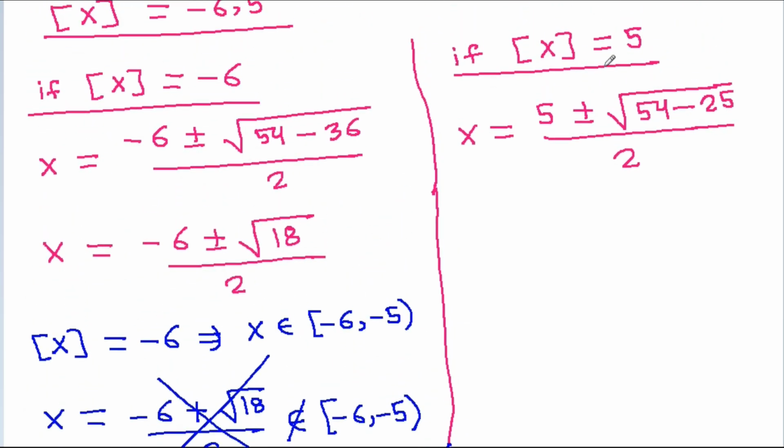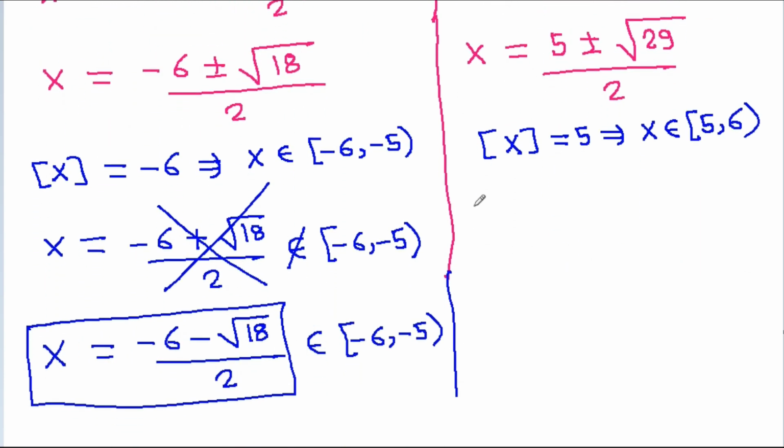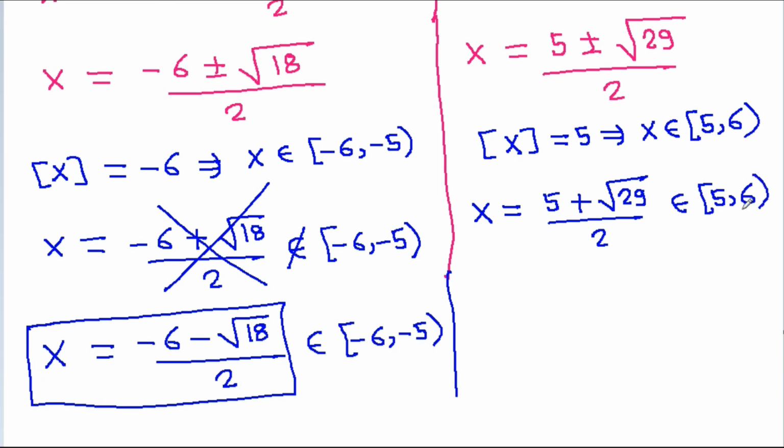And here x is equal to 5 plus or minus square root of 29, by 2, and we have [x] equal to 5. That means x should belong from 5 to 6. We have x equal to 5 plus square root of 29 by 2, that belongs from 5 to 6.